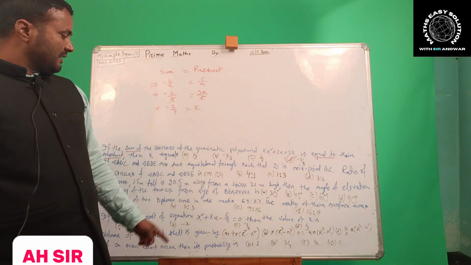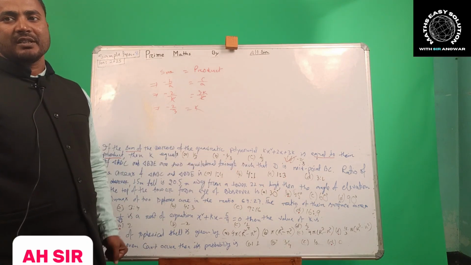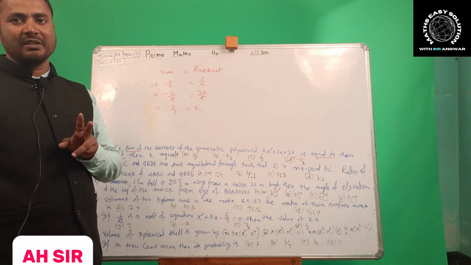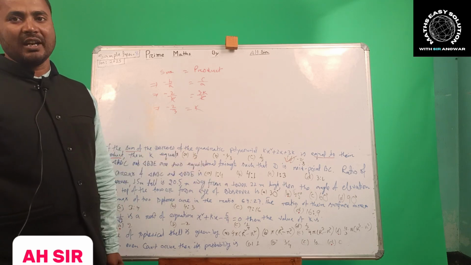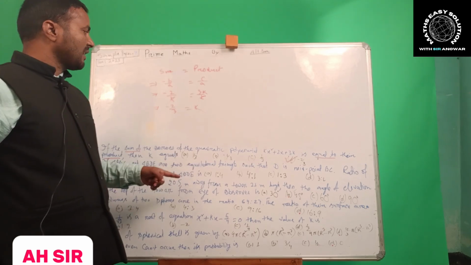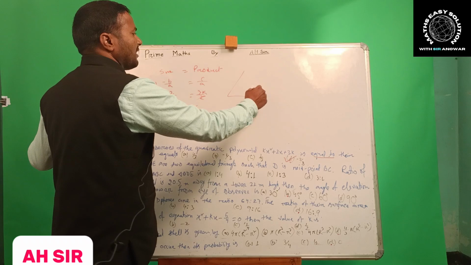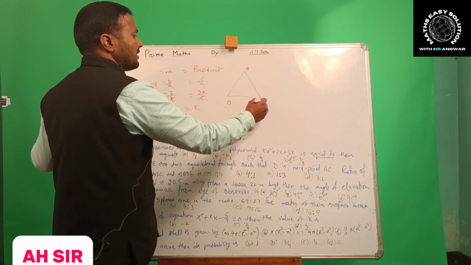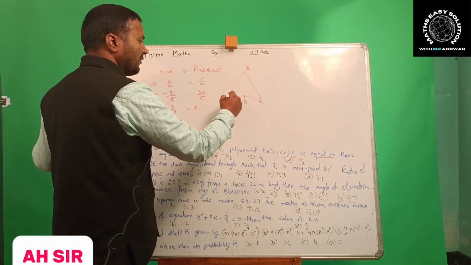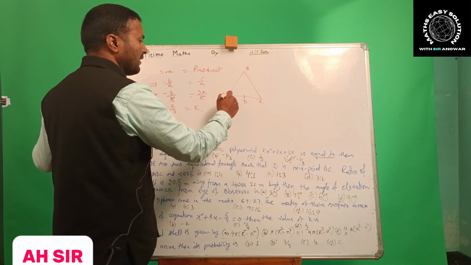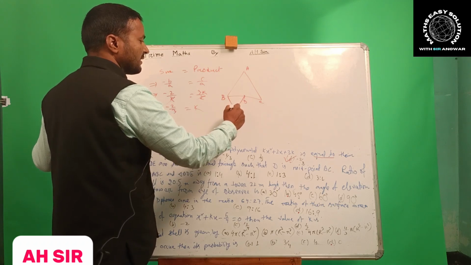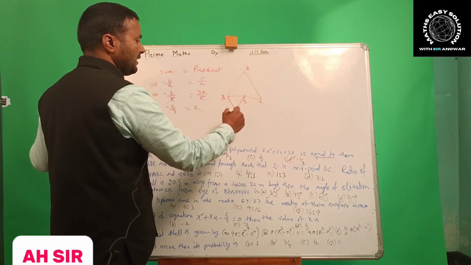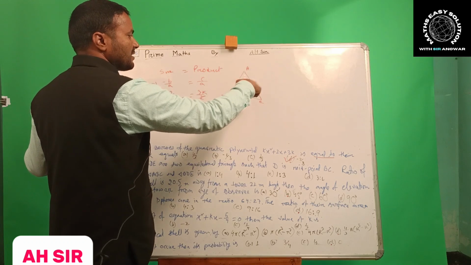So this question is also repeated. In sample papers 3, 4 and 5 you see this question is repeated 2-3 times. Simply this one is like this. This is an equilateral triangle ABC, D is midpoint. We draw another triangle like this, BDE like this.